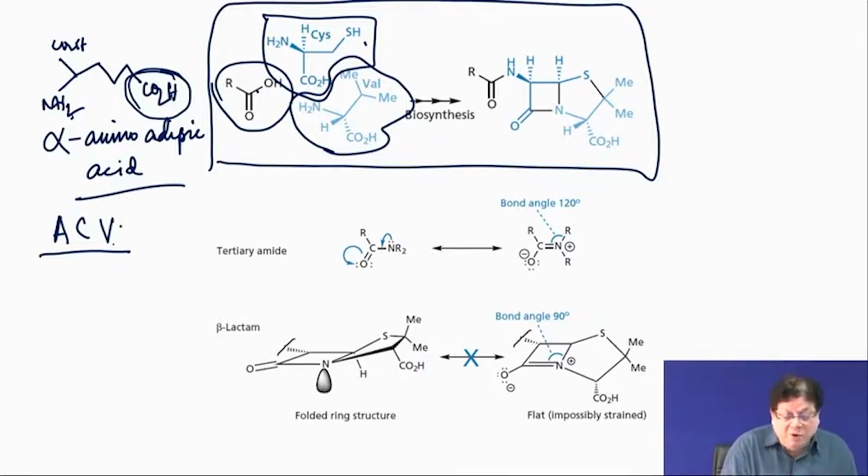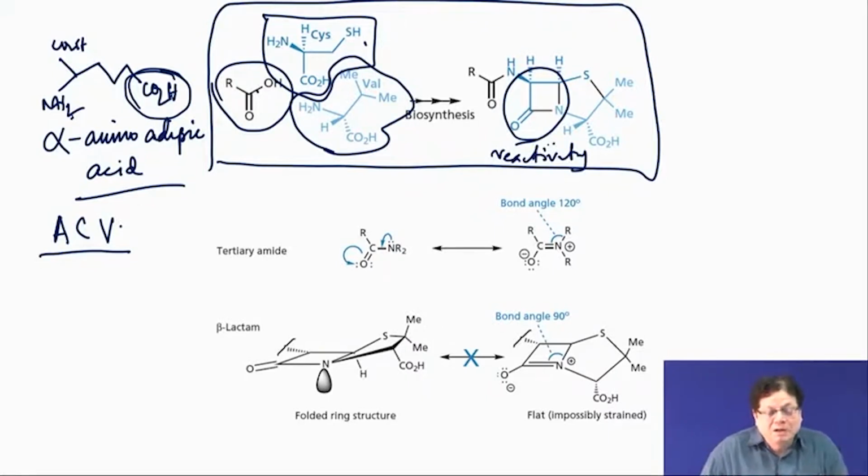Now, another important, interesting aspect of the structure of penicillin, for which the activity is there, is the reactivity of this beta-lactam ring. Reactivity to what? Reactivity towards nucleophiles, because amide carbonyls are susceptible to ring opening, to hydrolysis.